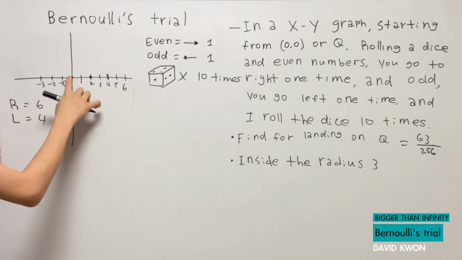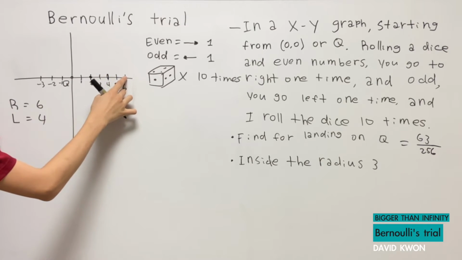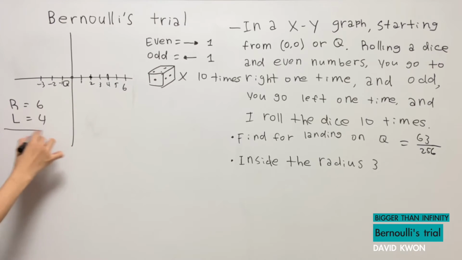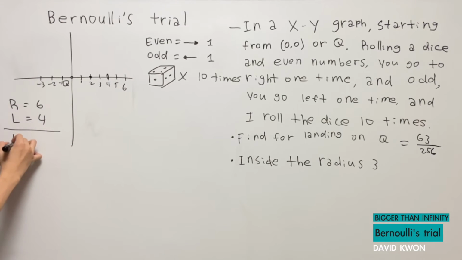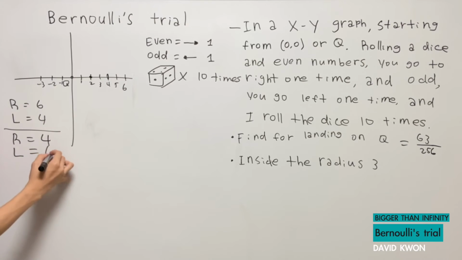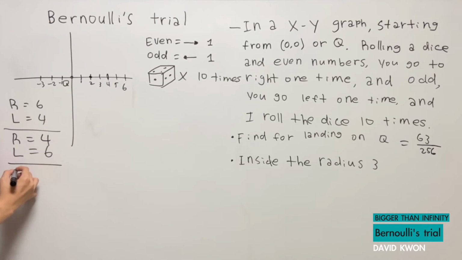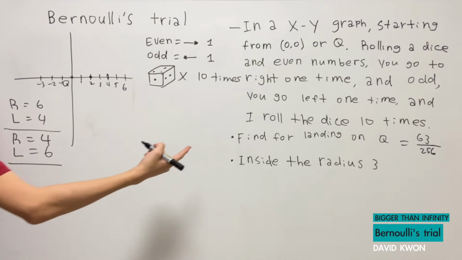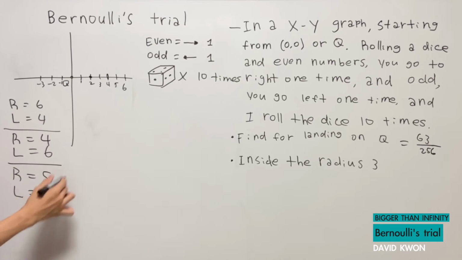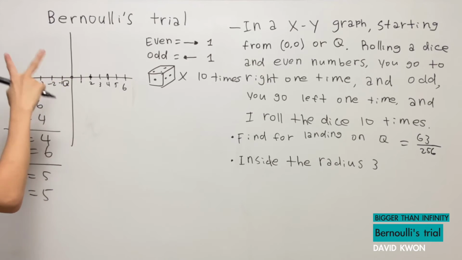And that works. 1, 2, 3, 4, 5, 6. 1, 2, 3, 4. It landed on 2. And also, the other way around works as well. It goes to the right 4 times and it goes to the left 6 times. And also, it goes to the right 5 times and left 5 times. So we can all land inside the radius 3.